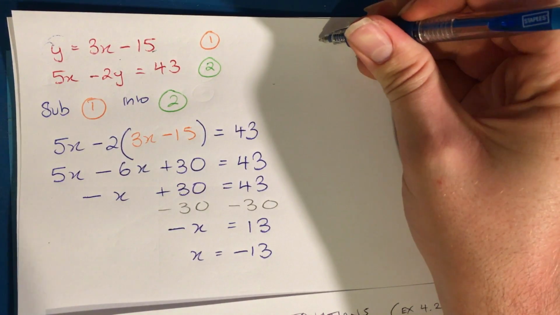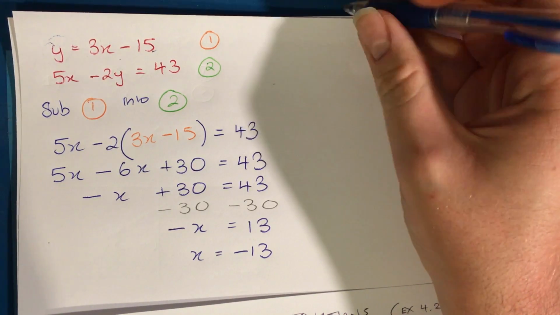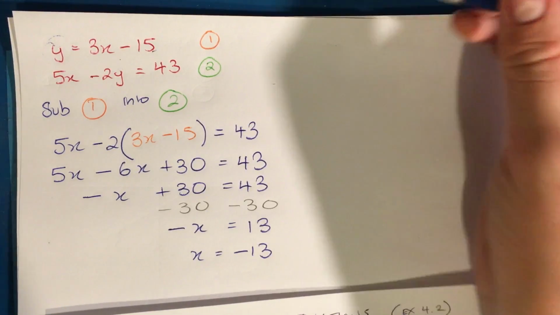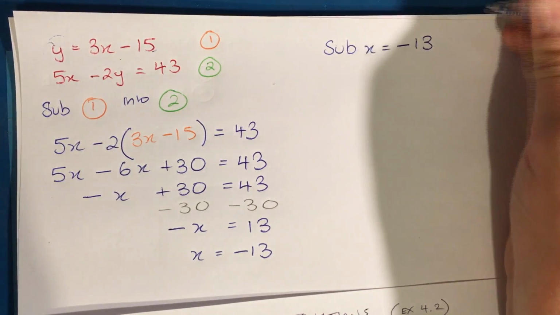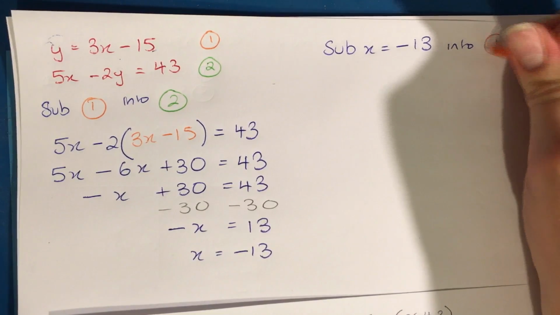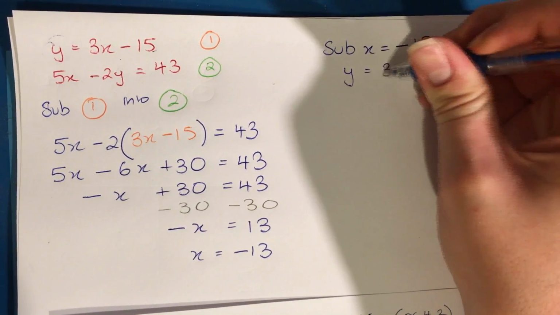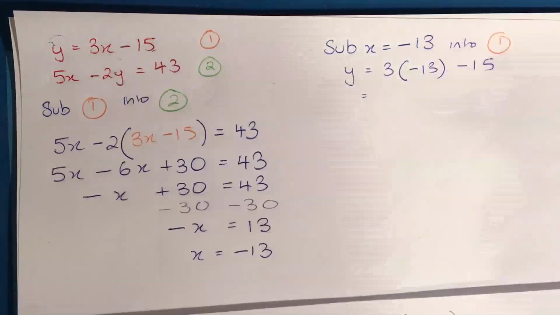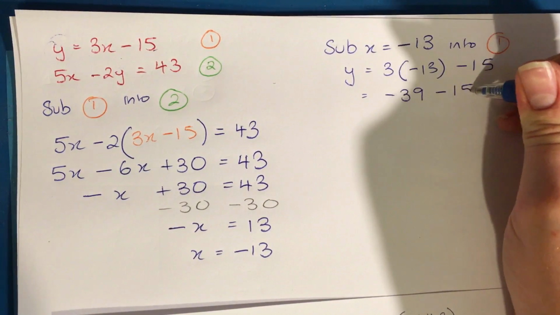So we need to find a y coordinate as well. What I'm going to do is sub x equals -13 into equation 1. y is equal to 3 times -13 minus 15. 3 times negative 13 is going to be negative 39 minus 15.